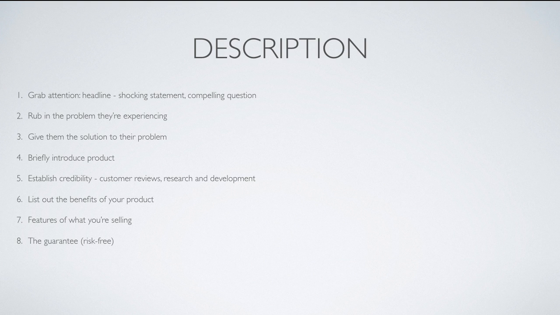Number eight, the guarantee. At this point, if they have read through the first seven points and they're still with you and still reading the description, then you've got them. They're almost ready to buy your product. You've convinced them that this is a great product.